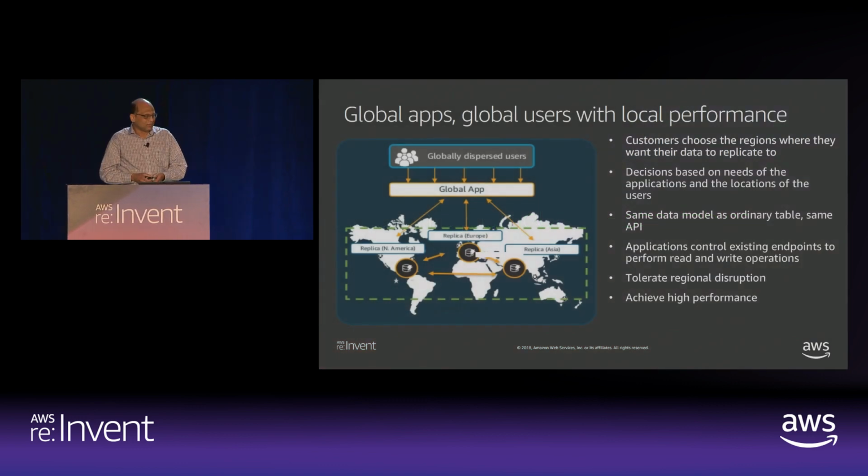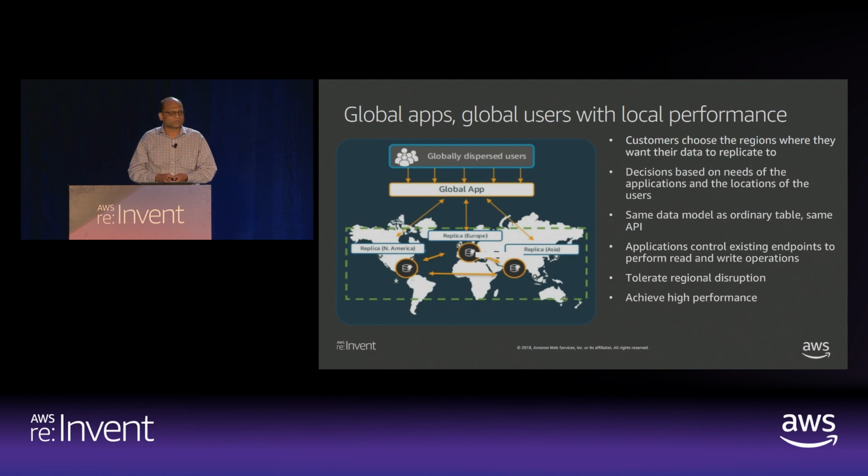Thanks, John. So global tables builds on Amazon DynamoDB's global footprint to provide you a fully managed multi-region, multi-master database. Global tables replicates your DynamoDB tables across AWS regions of your choice.